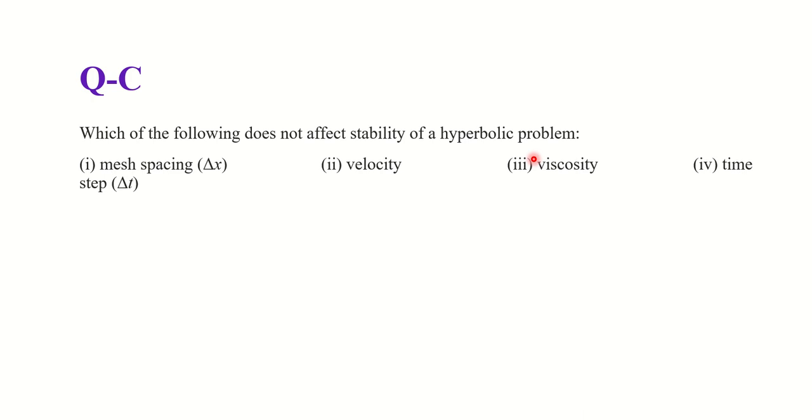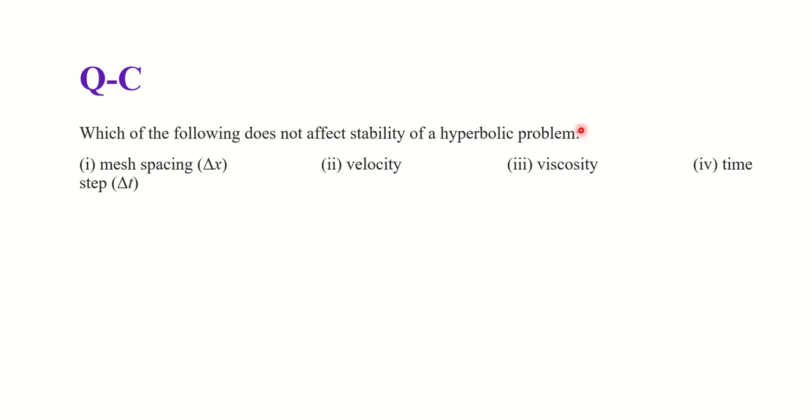When we are dealing with a hyperbolic problem, we would be marching if the solution at a specific point depends to a certain extent on the region of influence, which involves a smaller region. So here we need to know the mesh spacing and the time step dt together with how fast it is moving, that is the velocity. So 1, 2 and 4 are affecting the stability of a hyperbolic problem.